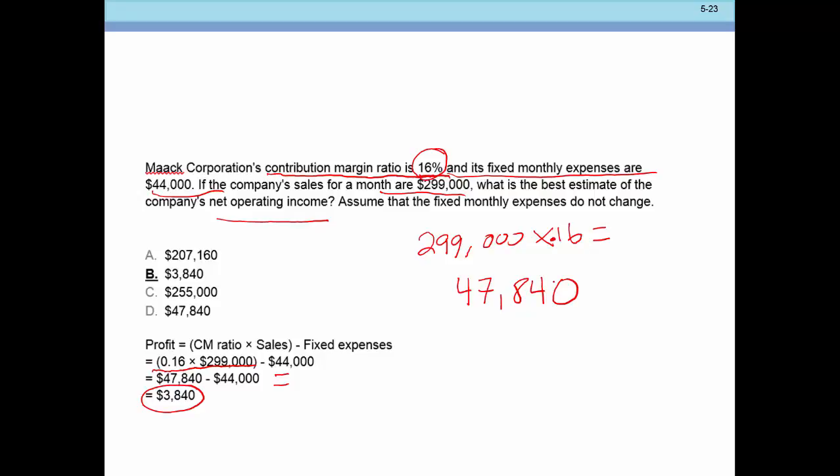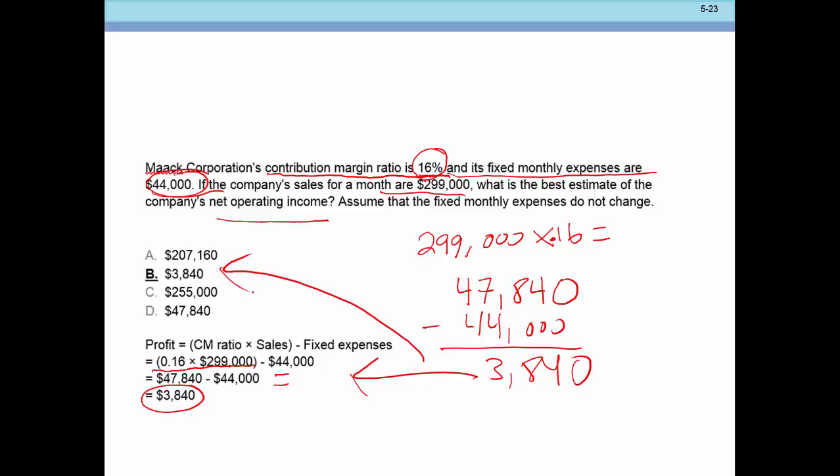Since 16% of each sales dollar first goes towards my fixed cost and then my profit. I subtract off the fixed expenses they told me, 44,000. That means I should be left with 3,840 for profit. You can see the explanation right there. Is that how that works?